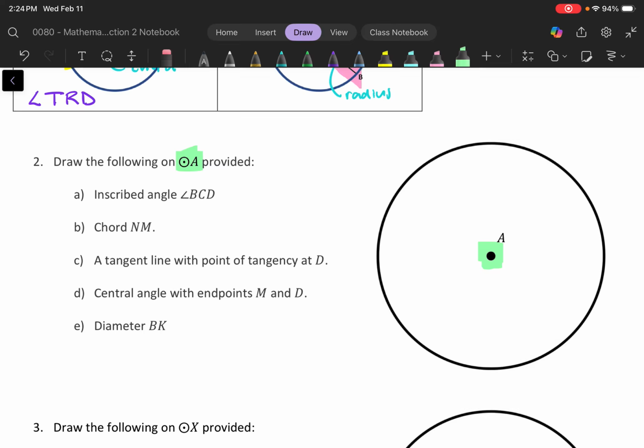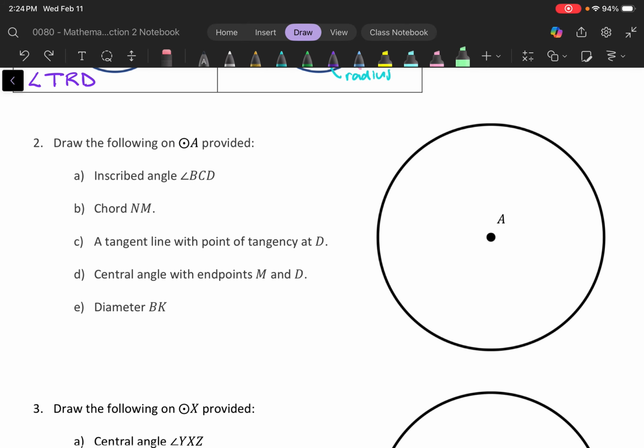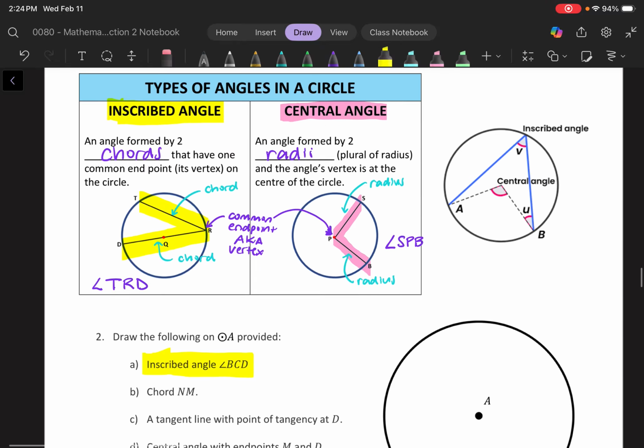Because of the name of that circle, I am confident that A is the center of that circle. Okay. Now I am going to draw all these different things. So first of all, I have an inscribed angle. If we think back to an inscribed angle that we just talked about, an inscribed angle is made up of two chords that have a common vertex or a common endpoint that makes the vertex.